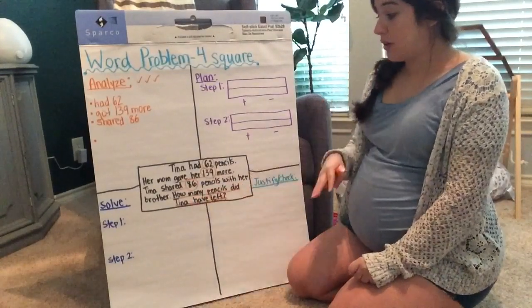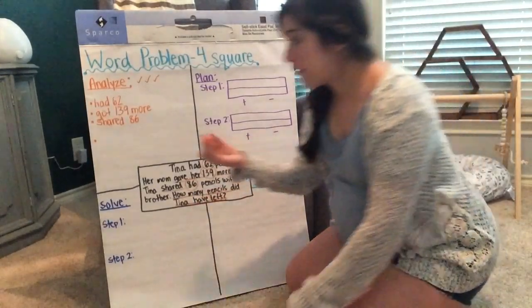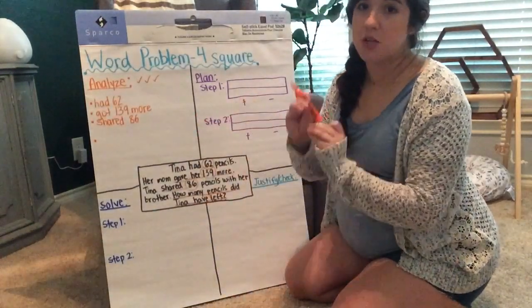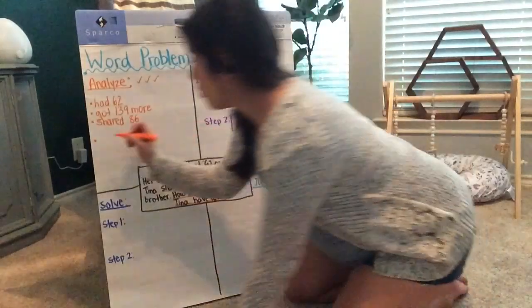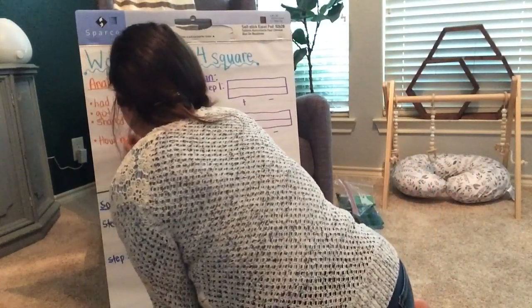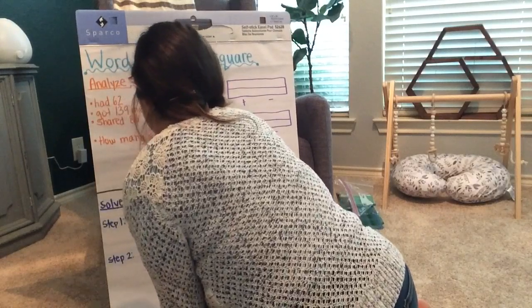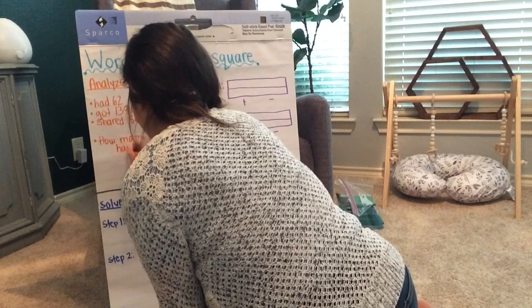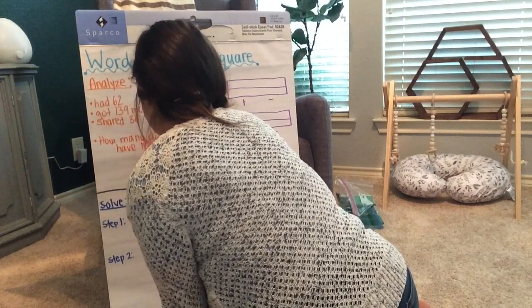In this case, I need to know how many pencils she had left. So again, I'm just making it kind of quick. I'm not writing full sentences. This is just to jot down little notes. So how many did she have left?